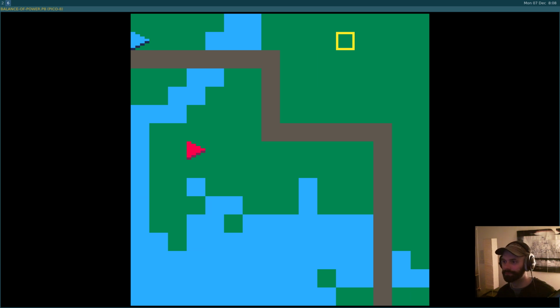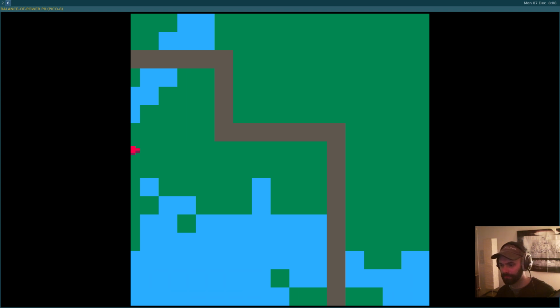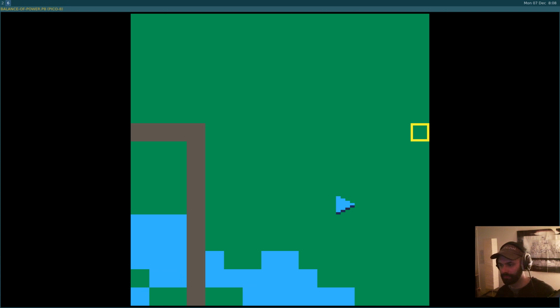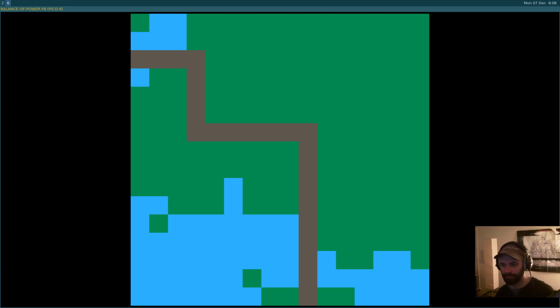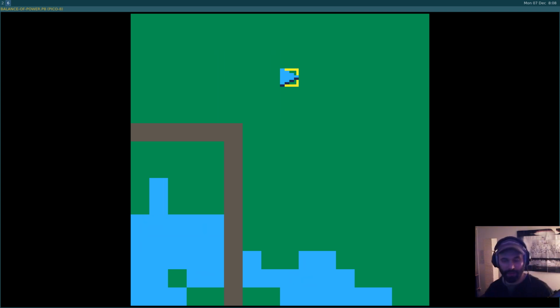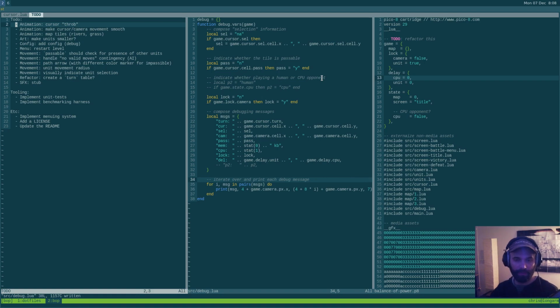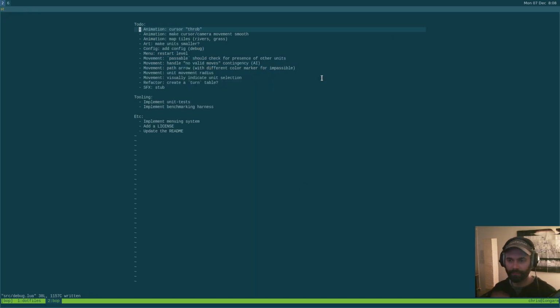No, it does. Alright. Kinda sorta starting to look like a video game. Our debug's back. So, okay. What do we want to do then? We fixed our camera movement.